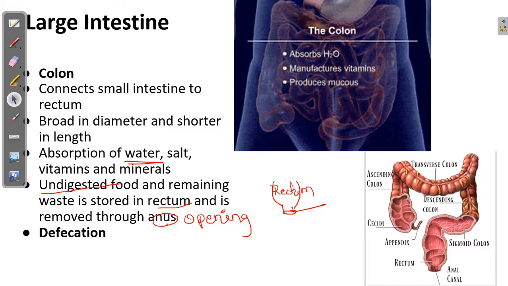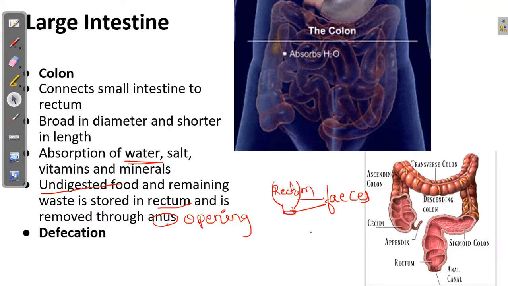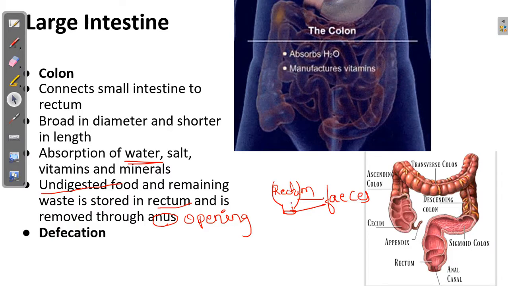This undigested material stored in the rectum is also called feces. In general language, it is said to be number 2, which we excrete every morning. Feces is stored in the rectum, and whenever it has to be excreted, it is excreted through the opening known as the anus.